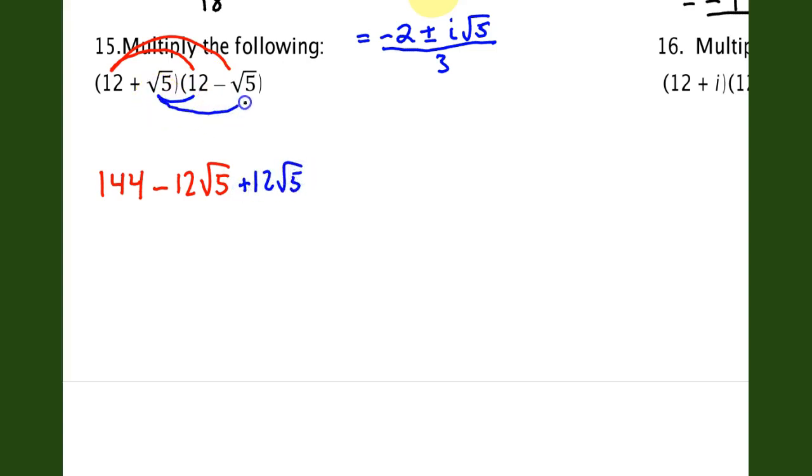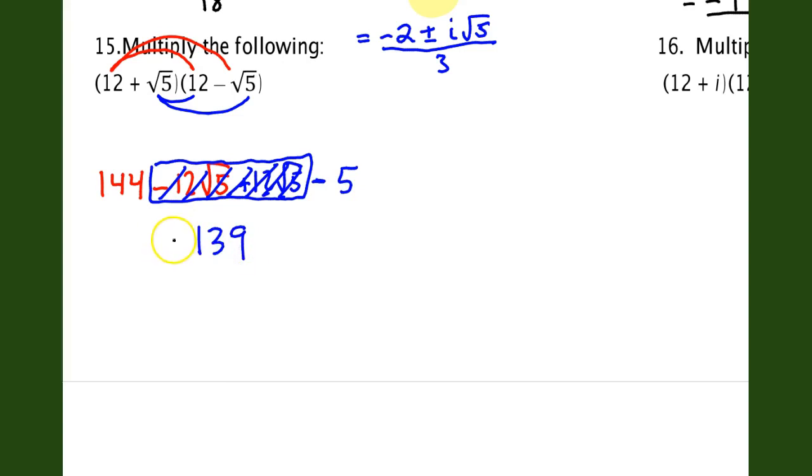And then root 5 times root 5 is going to be 5. And it's a positive times a negative, so this is just a negative. So the middle terms here, as you can see, end up equaling 0. A negative 12 root 5 and a positive 12 root 5, that equals 0. Cancels out. And we're left with 144 minus 5. So that's just 139.